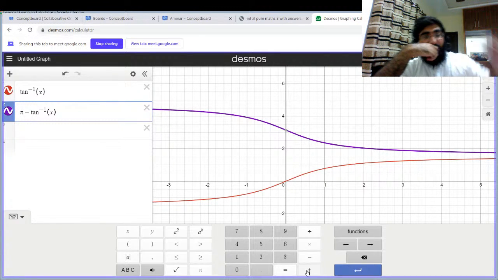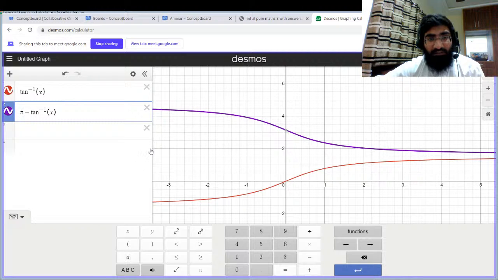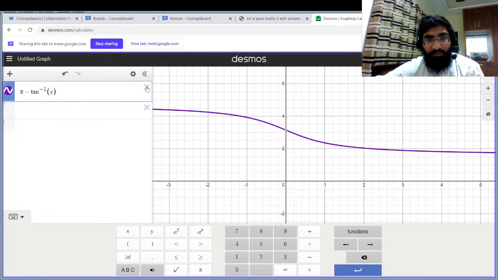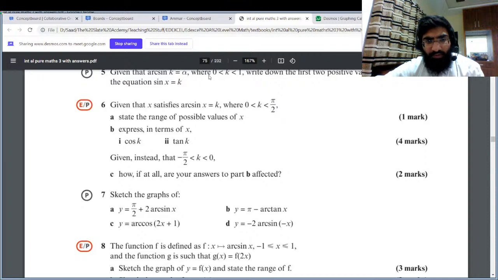Then the next question is what? Cos inverse of 2x plus 1. So cos inverse of 2x, let's first do cos inverse of 2x.